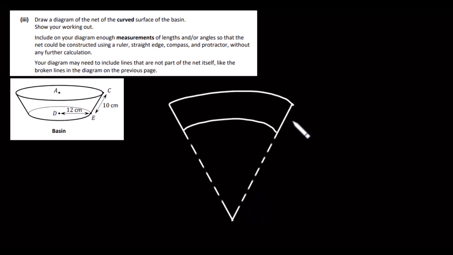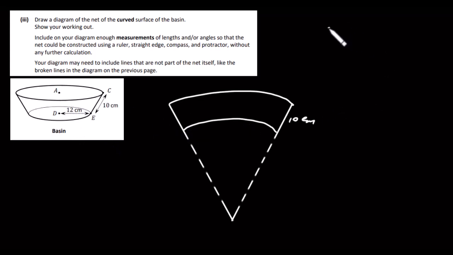Now we know that this here is going to be 10 centimeters out here. And we've got to work out this distance and this distance here. So these two curves are going to represent this circle here and this circle here. So we need to find the circumference of this circle and the circumference of this circle.